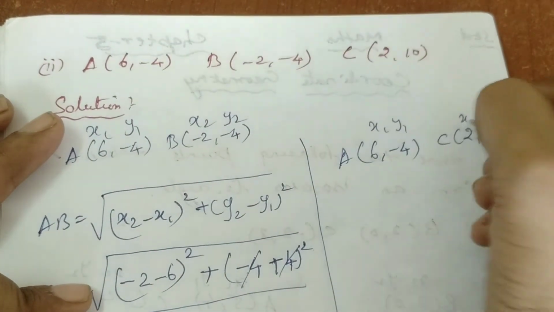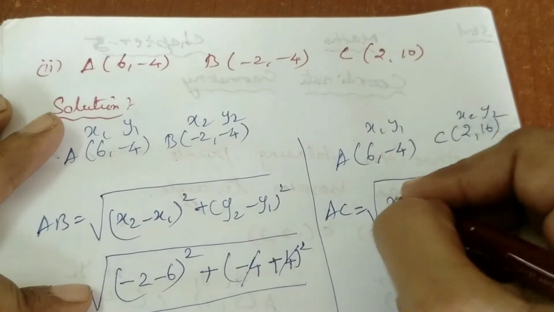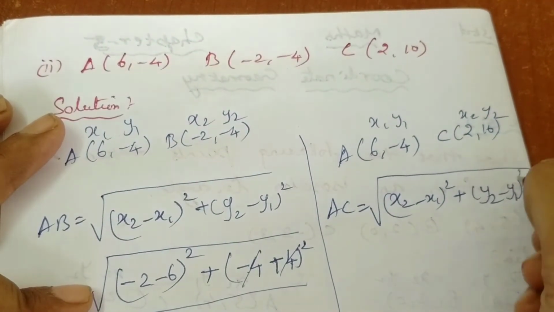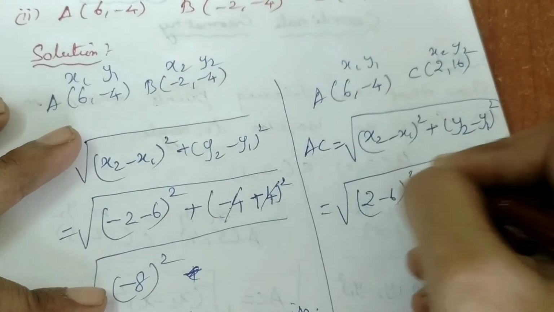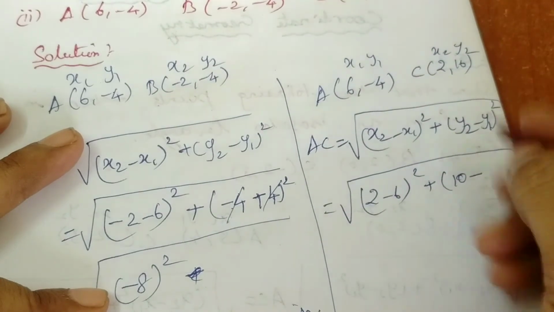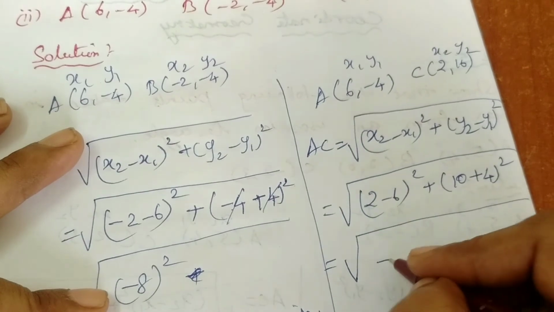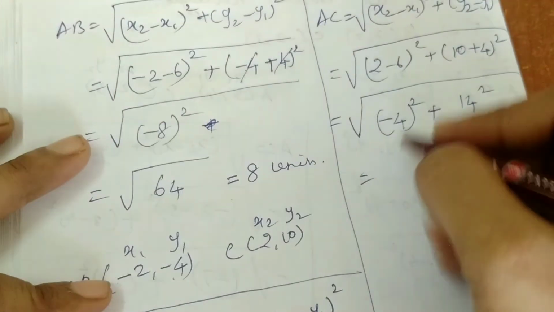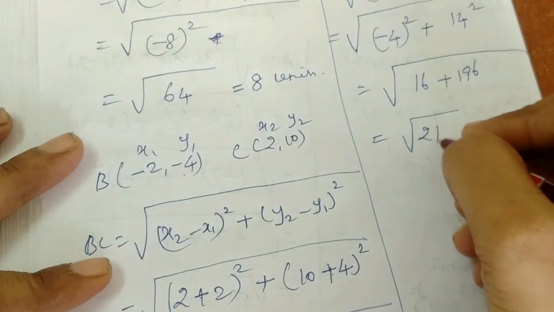So with x1 y1 x2 y2, AC equals square root of (x2 minus x1) the whole square plus (y2 minus y1) the whole square, equal to square root of (2 minus 6) the whole square plus (10 minus of minus 4, so plus 4) the whole square, equal to square root of (minus 4) the whole square plus (10 plus 4 is 14) square, equal to square root of 16 plus 196, equal to square root of 212.